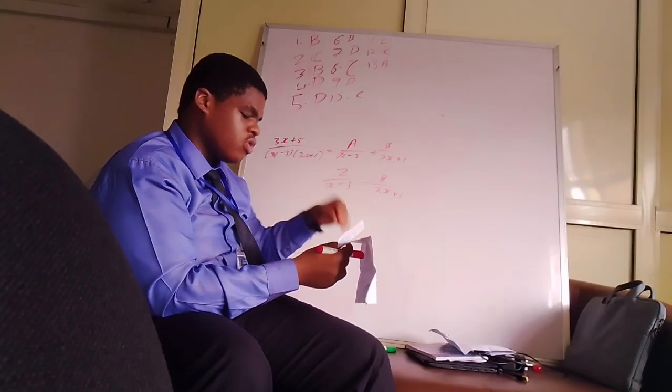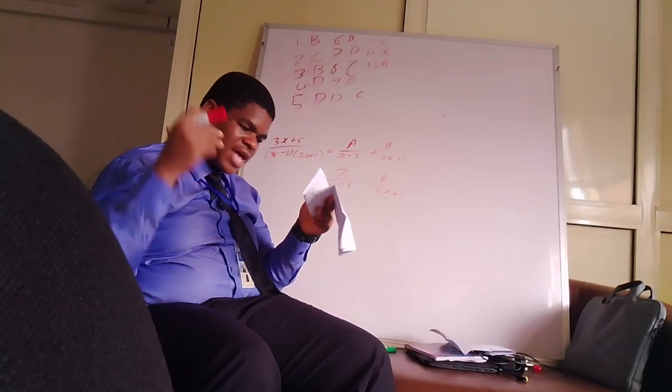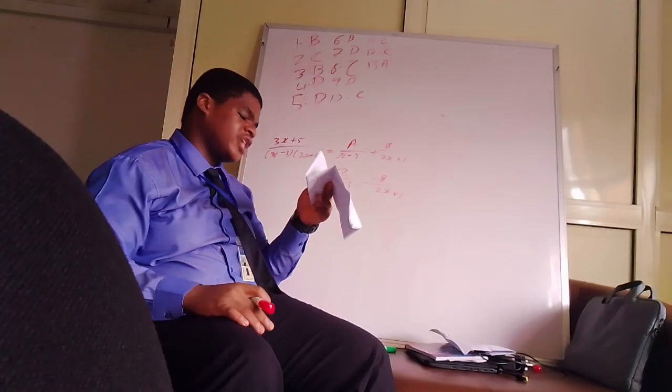So option B is wrong, and option A is the only correct answer. But in case option B made a little bit of sense, you would have tried to check if that one is correct.